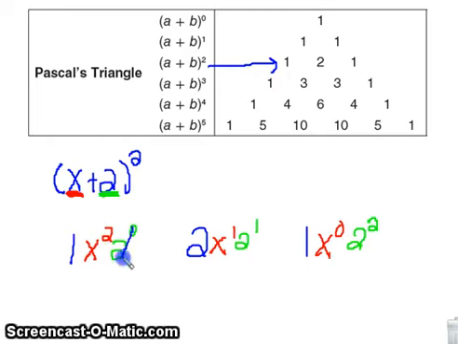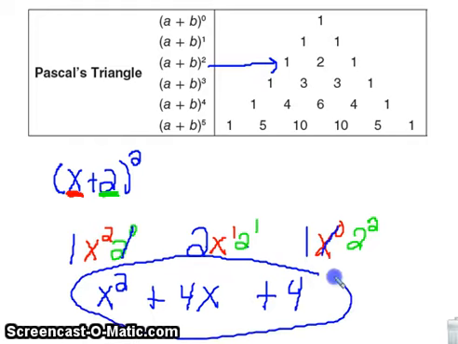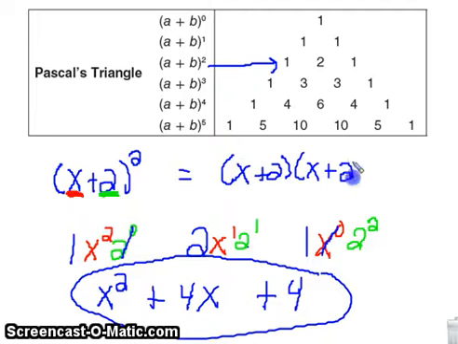Anything to the 0 power is 1. So this 2 to the 0 has a value of 1, and this x to the 0 has a power of 1. So we end up with our x squared, 2 times 2 is 4x, and 2 squared is 4. If you look back in your notes, or you think about what your answer would be for x plus 2 times x plus 2, when you FOILed these, you got x squared plus 4x plus 4.